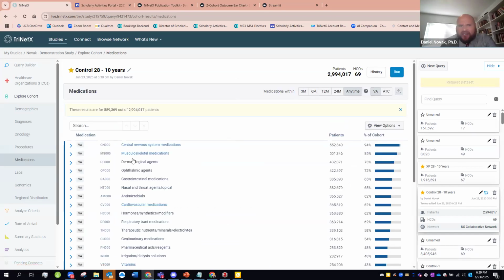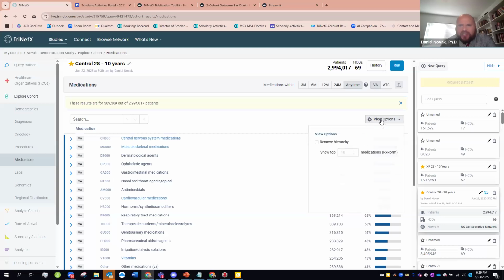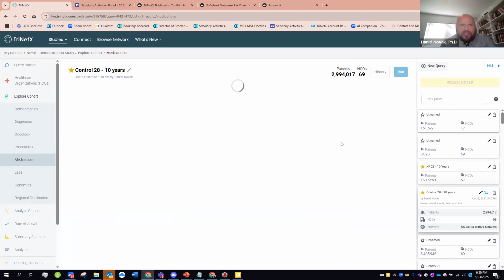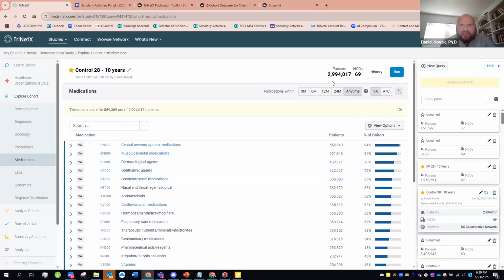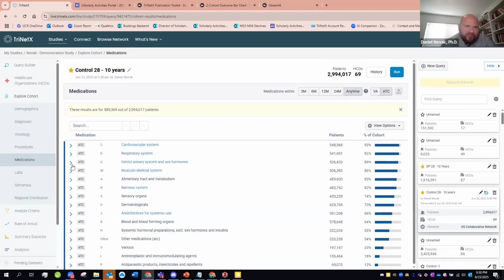You can also look at your medications and see what are all the different kinds of medications in here. There are some additional options. You can just look across all medications if you want. You can use different kinds of taxonomic systems, whether it's the VA or the ATC system, to find things.